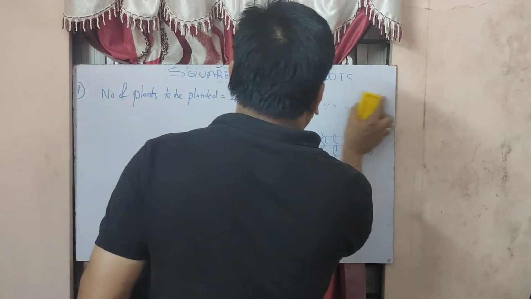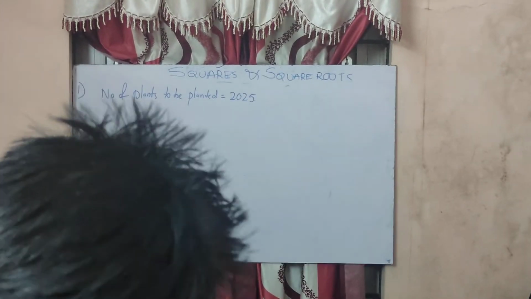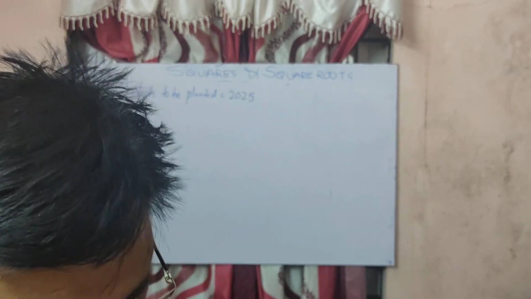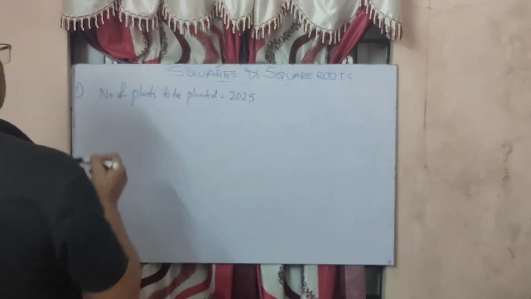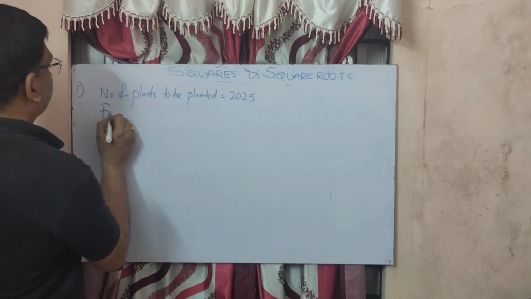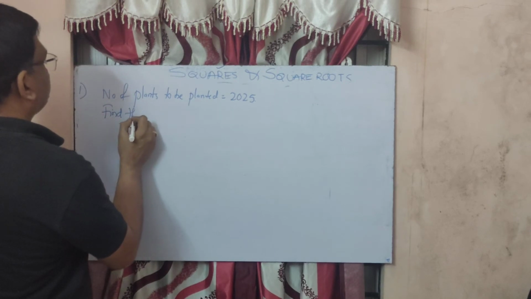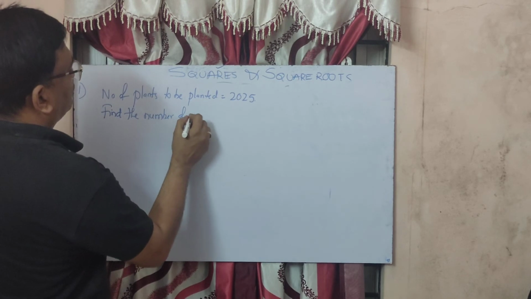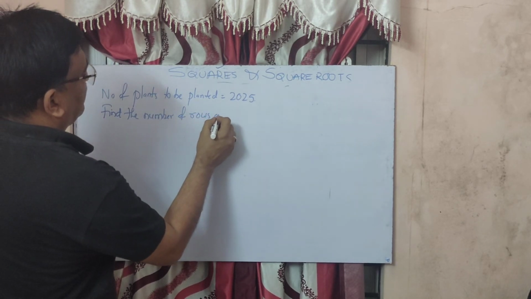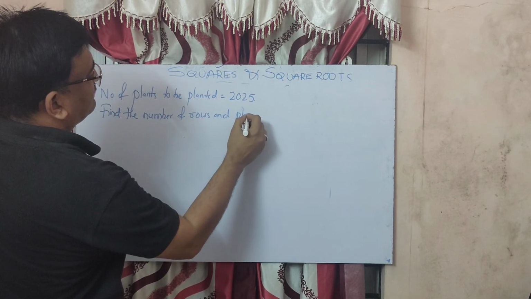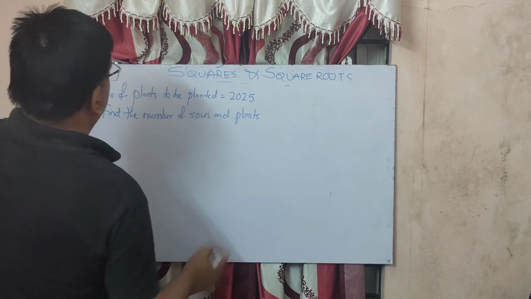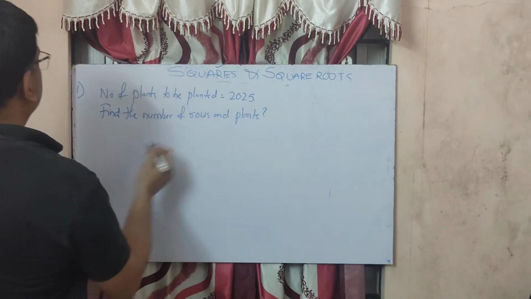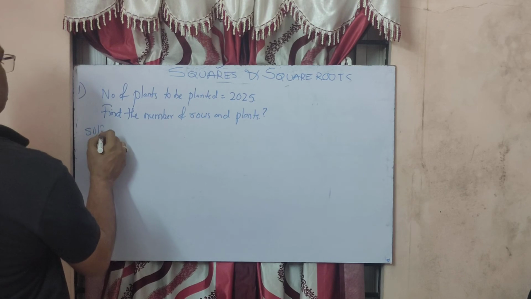So you have to write it now. Find the number of rows and number of plants. Now the solution.